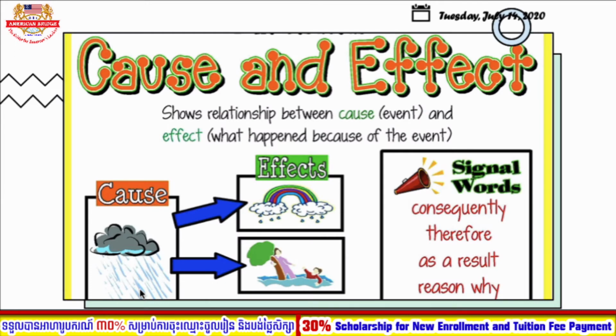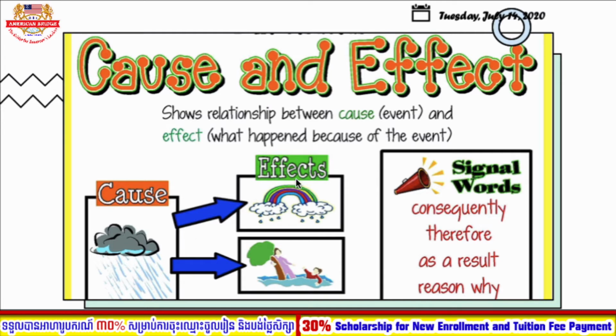Now let's look at another example here. If you see it is raining outside, that is the cause. It is raining outside. So what are the effects of the rain? When there is rain, what happens? What are the results caused by the rain?